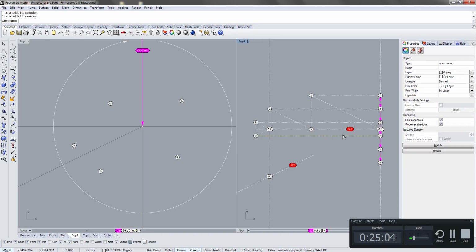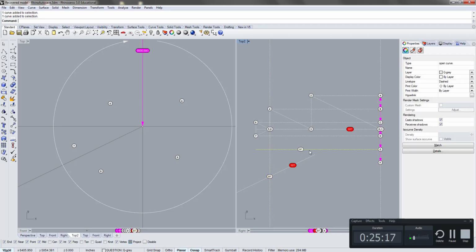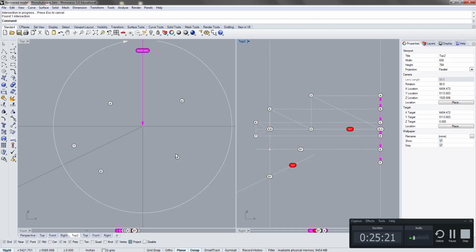E9 is going to be a horizontal line, and 9 is gonna be somewhere on this line. So we know now between 9 on this vertical and that horizontal, so only possibility is the intersection. So 9 is right there.